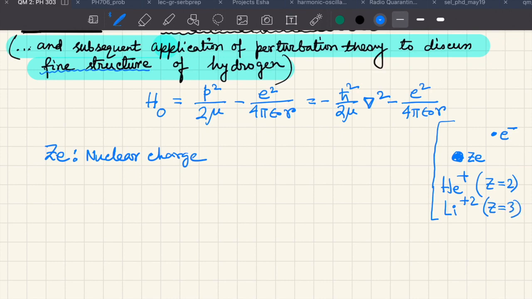So in these cases, you have a nuclear charge which is Z times e, but you have a single electron orbiting. So in those cases, you can simply modify your unperturbed Hamiltonian as minus h bar square by 2 mu grad square minus Z times e square by 4 pi epsilon naught into 1 by r.